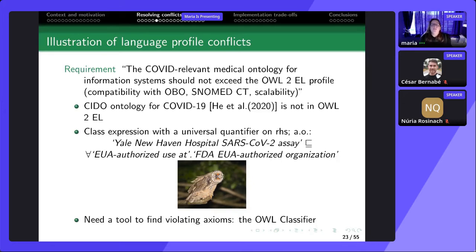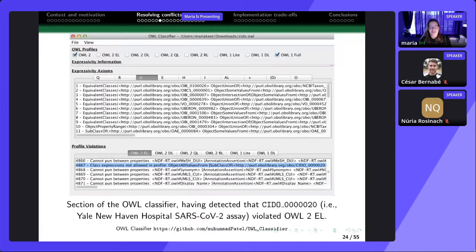How are you going to find that out? It requires having algorithms to detect those kinds of violations with respect to the requirement that you have specified. In this case, we do have a tool. I have a screenshot on the next slide, and at the URL at the bottom of the page you can download it and install it as a jar file.